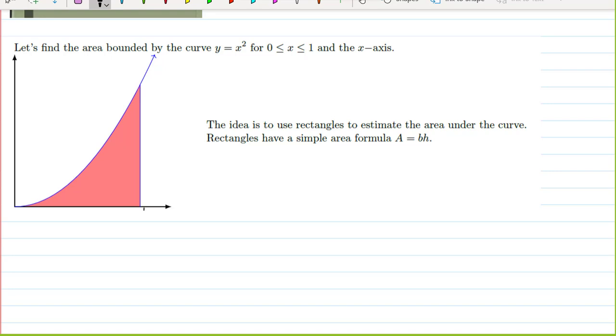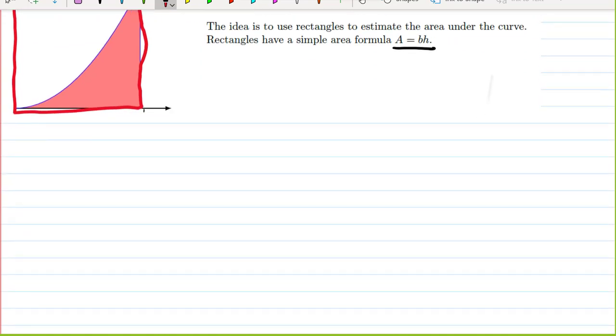And rectangles have a very simple area formula, which is base times height. So like we did at the very, very beginning, I could get a terrible estimate by just putting one rectangle on this and finding the area of that rectangle. Well, that's not a good estimate. Let's see if we can do better.